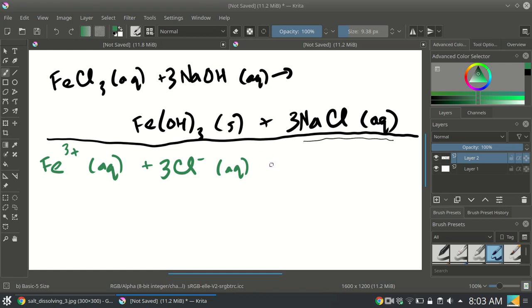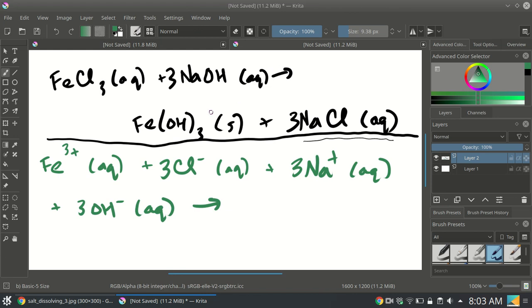Right, now here you have 3 sodium ions floating all separately in the water, and here you have 3 hydroxide ions floating all separately in the water. And when you mix those all together, you got Fe(OH)3. Why am I drawing this all together instead of separately? Because you saw this as a dark brown or dark orange or dark red jelly-like solid.